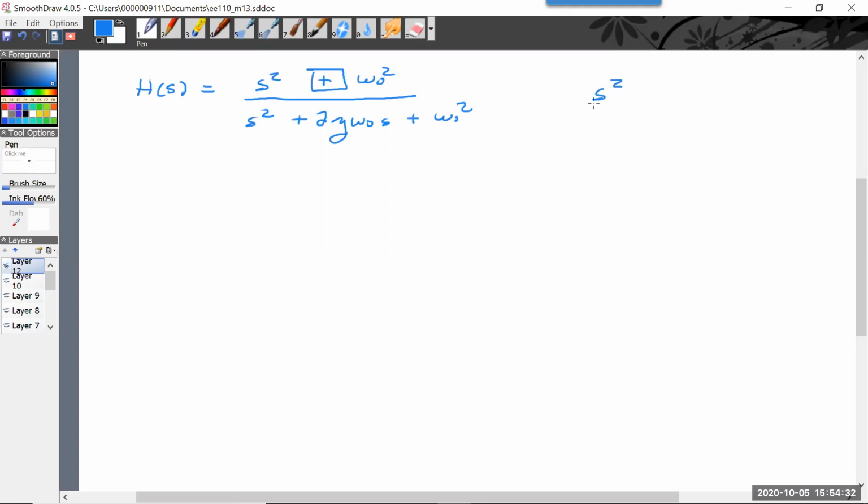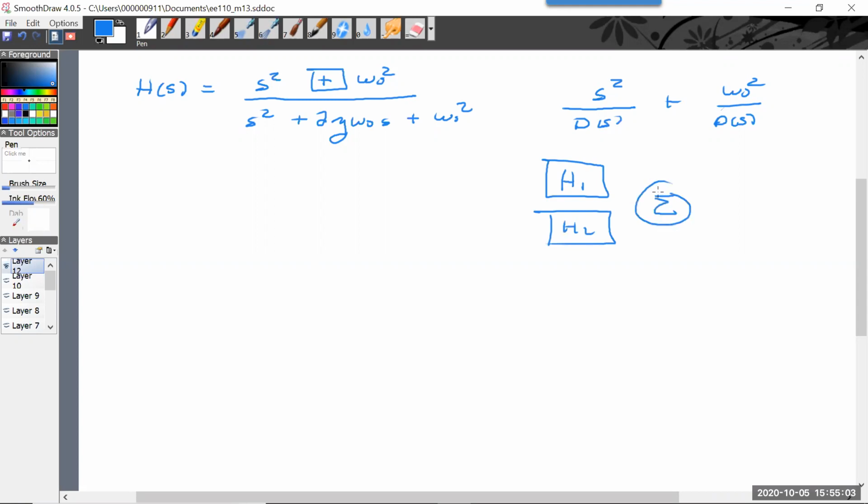I can add these two together. Right? There's the denominator, right? So I can have an RLC circuit that creates this. I can have an RLC circuit that creates this, and then just sum them. Now I don't want to draw out the whole circuit. So let's just say H1, H2, and then I sum.